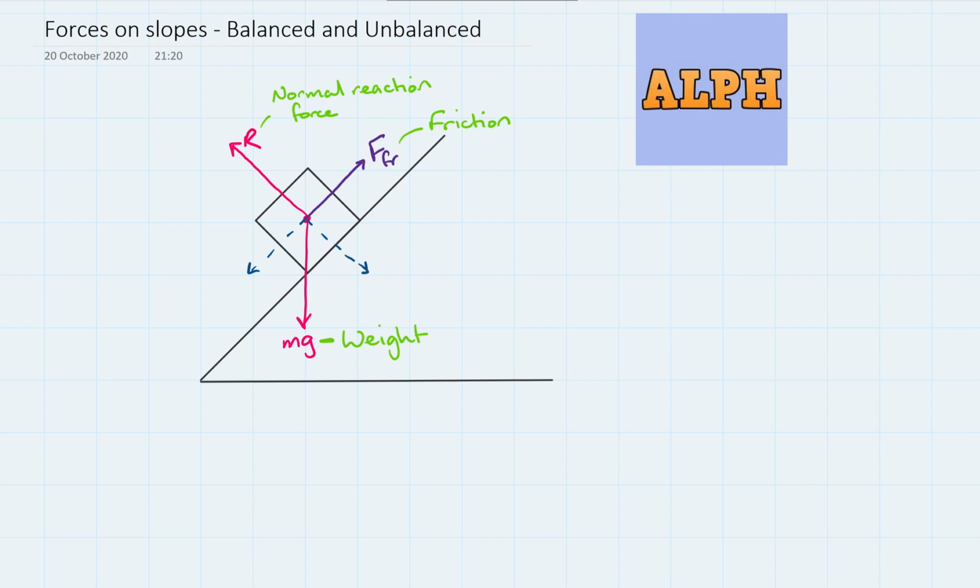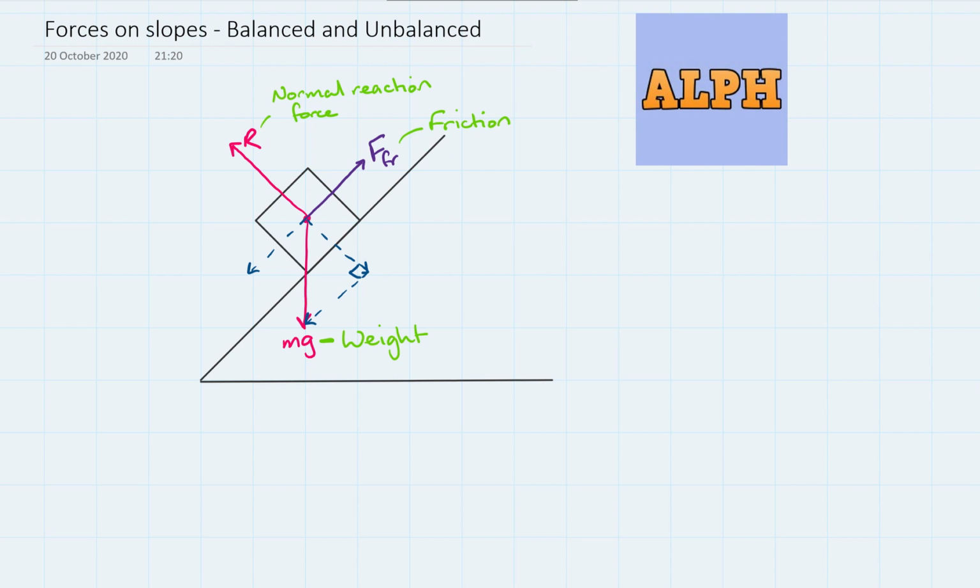In this case, it makes sense for us to resolve my weight into the same directions as R and friction. In my head, I would be moving the component of the weight which is parallel to the slope down there to make this a right angle triangle, so that I could do my trigonometry that we talked about in the last video.